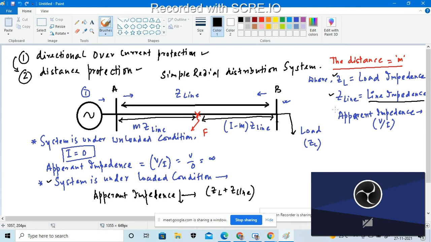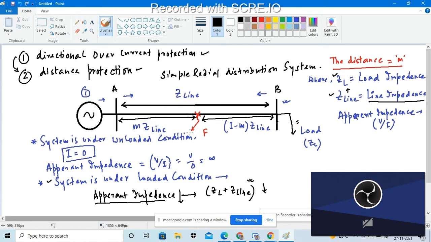If I add them together, it will be some finite value of apparent impedance, which is reduced due to the load current, because we are connecting some load at the sending end.